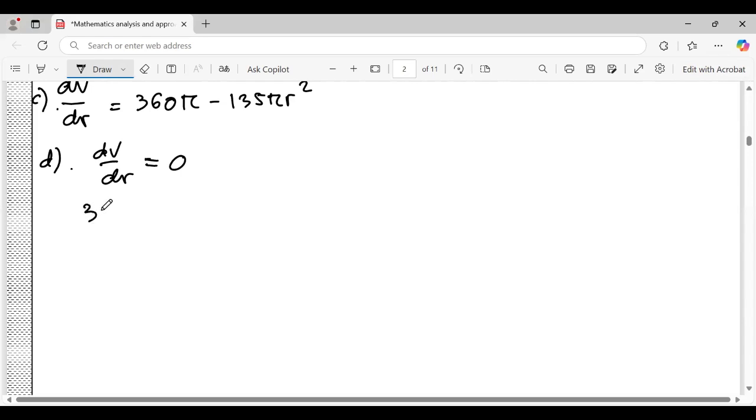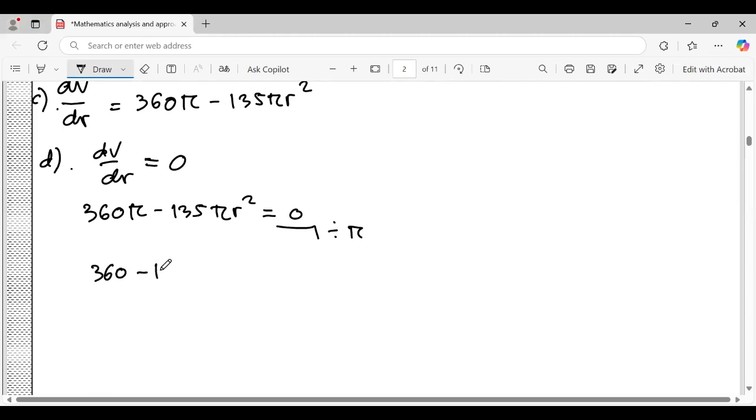So 360 pi minus 135 pi r squared equals 0. Divided by pi, it is 360 minus 135 r squared equals 0.